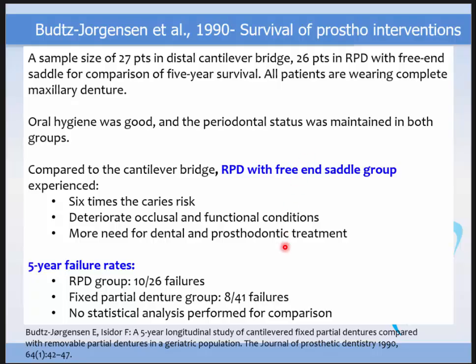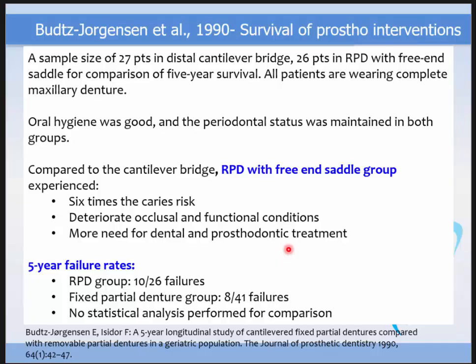So in these two groups of patients, they found that patients with the dentures have a higher risk of getting caries, and they experienced deteriorated occlusal and functional conditions, and the patients who received the dentures actually needed more dental and prosthodontic treatment.